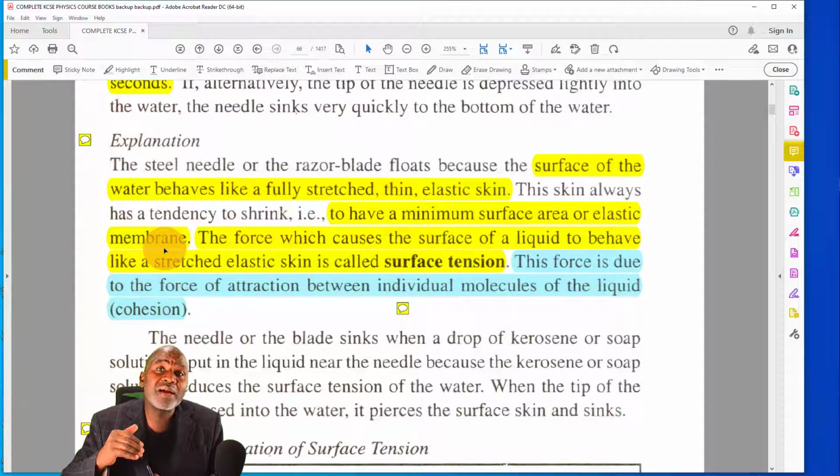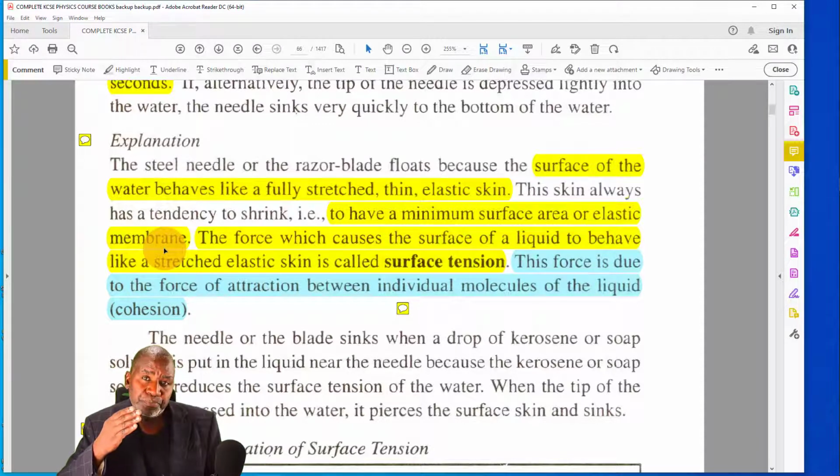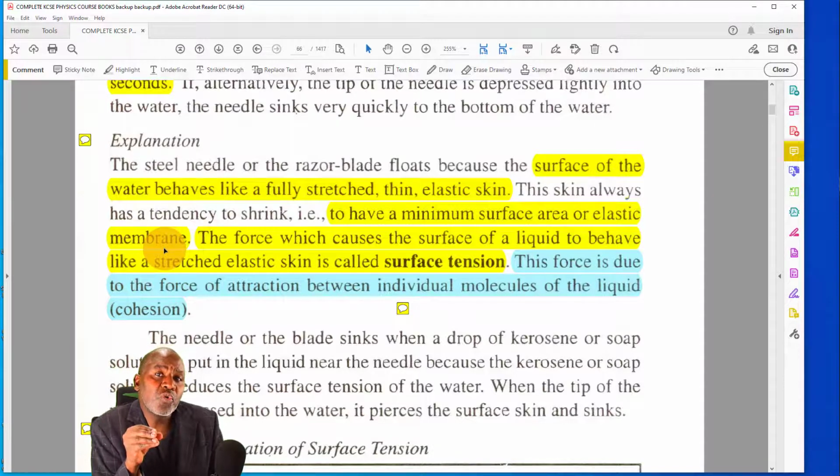So spheres have got the smallest surface area, and therefore they can carry a lot of the liquid, for example. Think about 1 centimeter cubed of water in a spherical shape and 1 centimeter cubed of water in any other shape, such as a cube or maybe even a cylinder.